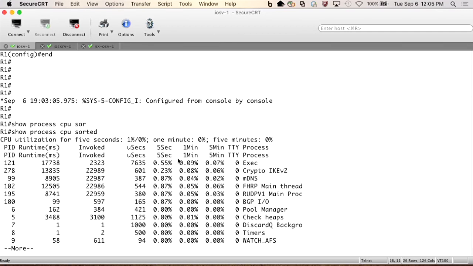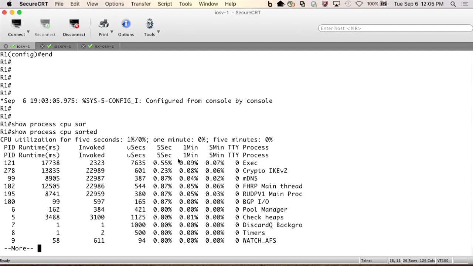There's the SNMP engine. There's a particular MIB being polled, which is causing the CPU utilization to spike up for the SNMP engine process. Similar with other processes related to IPRIB event, if the routing table is getting updated, or any other process related to OSPF. Any of those processes can cause CPU to spike up, and you can troubleshoot based on the process.